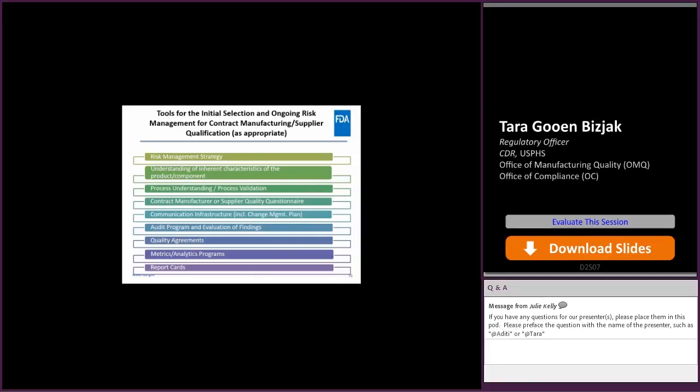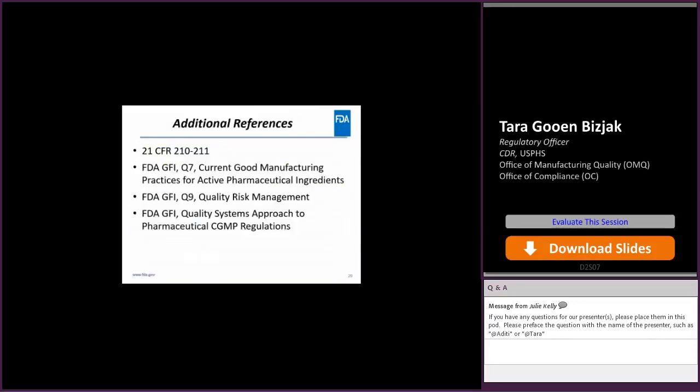So if you can't measure it, you can't manage it. That definitely is something to consider as you're selecting and then working with your suppliers and contract manufacturers throughout the product life cycle. And then last, report cards are also valuable. Communication back and forth is the approach there using these report cards.